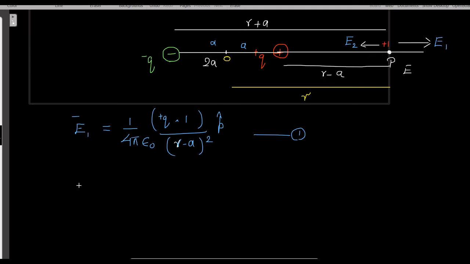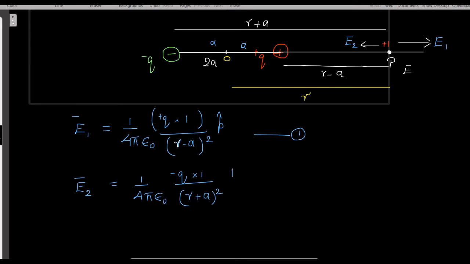Hence, I represent E2, the electric field at P due to the minus q charge, as 1 by 4 pi epsilon naught, minus q into 1 divided by r plus a whole square. I wrote the magnitude.